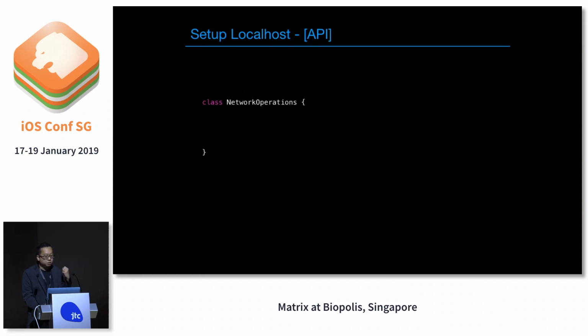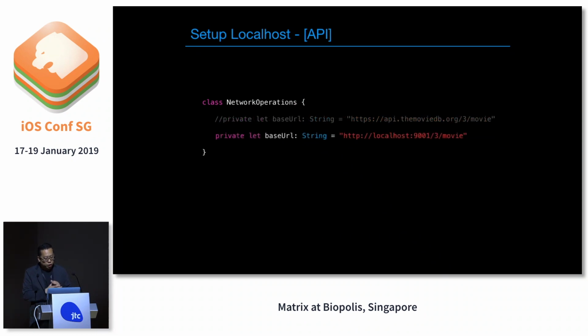So just a simple illustration here in our codes, assuming that you have a variable that contains the URL domain of the server, all you need to do is to change it to localhost. So for example here, we are going to change from api.themoviedb.org to localhost assigned with the port number. And because we are using localhost, we will be using HTTP instead of HTTPS.